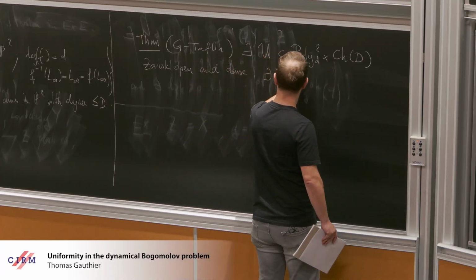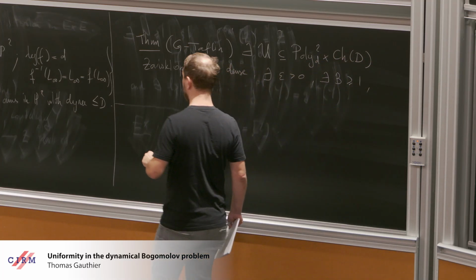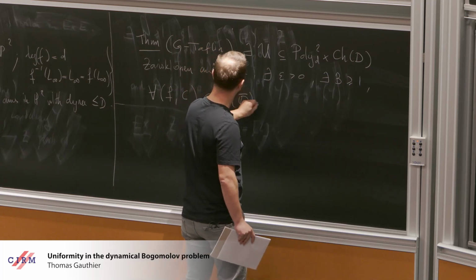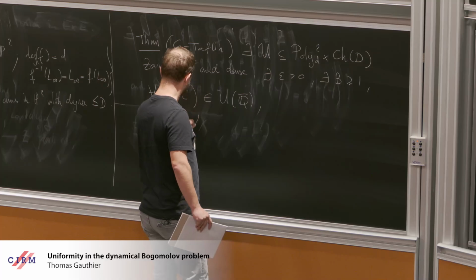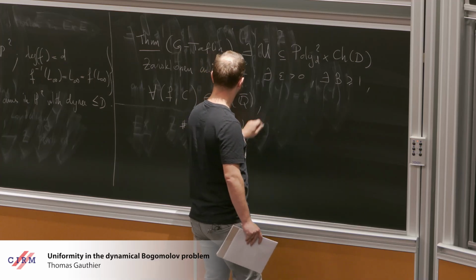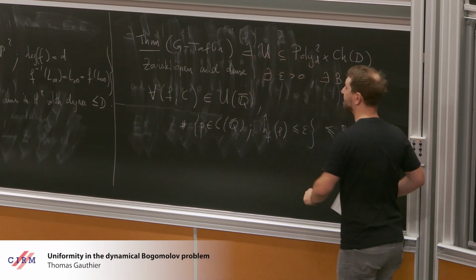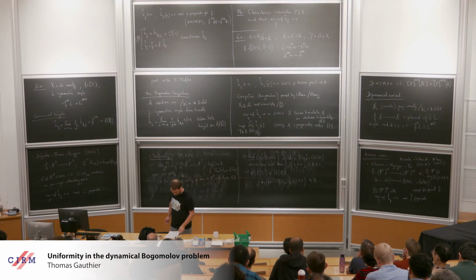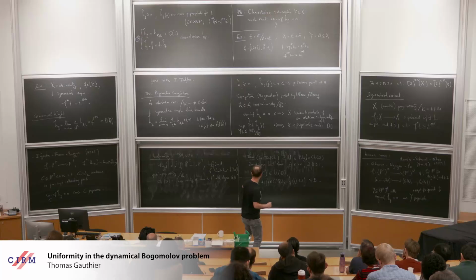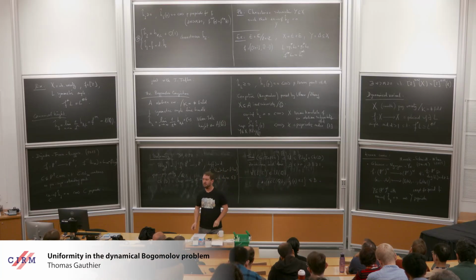There exists an epsilon positive, and there exists B at least one, such that if you take any pair of map and curve in this open set, then the set of Q-bar points of the curve for which the canonical height of the point is smaller than epsilon is bounded by this constant B. So for a general pair of map and curve, there is a uniform upper bound on the number of points which are small in the curve.